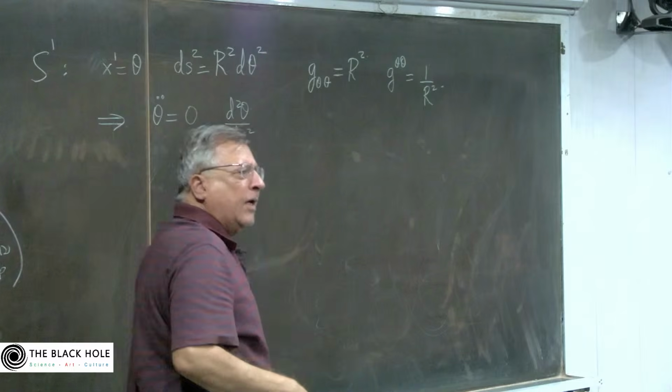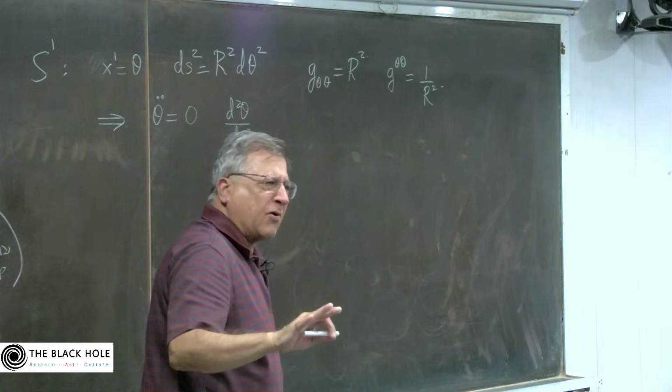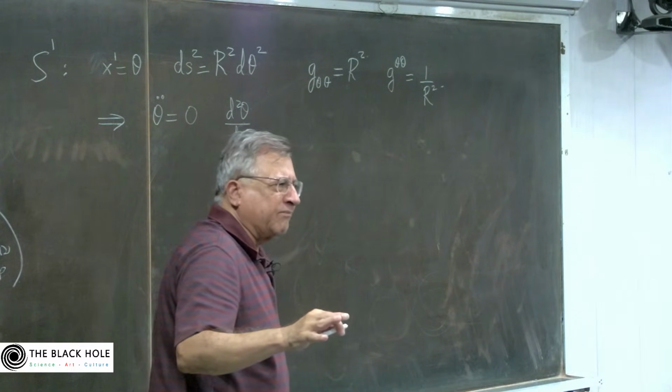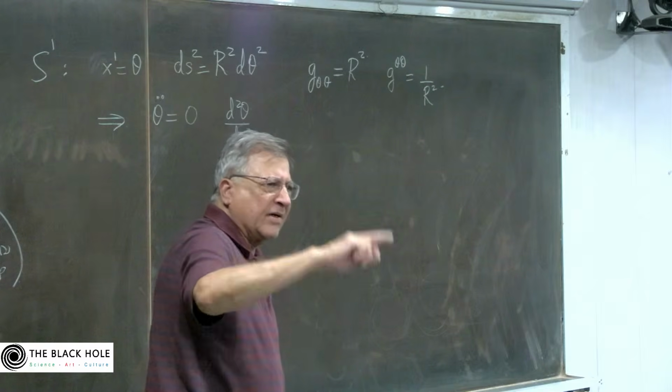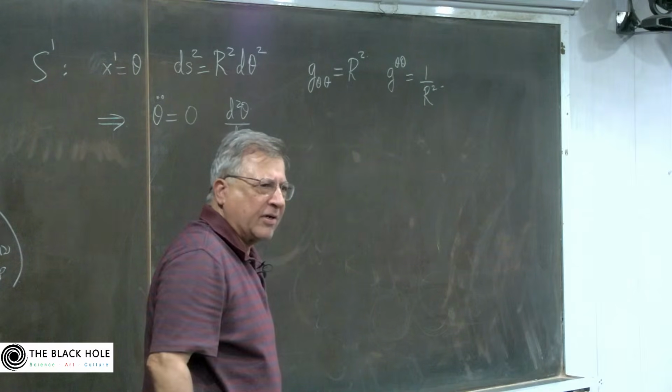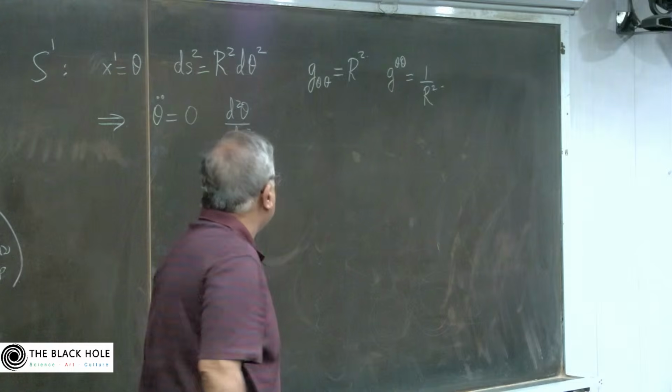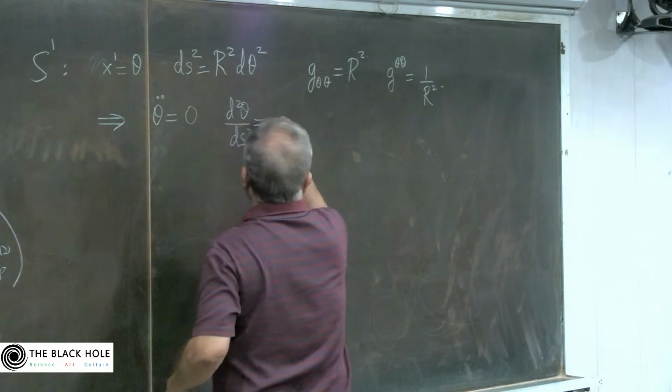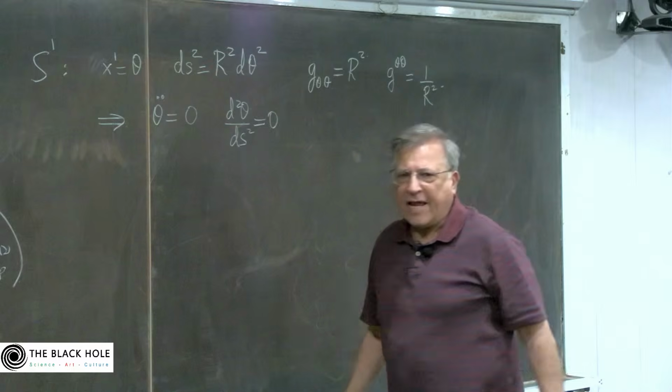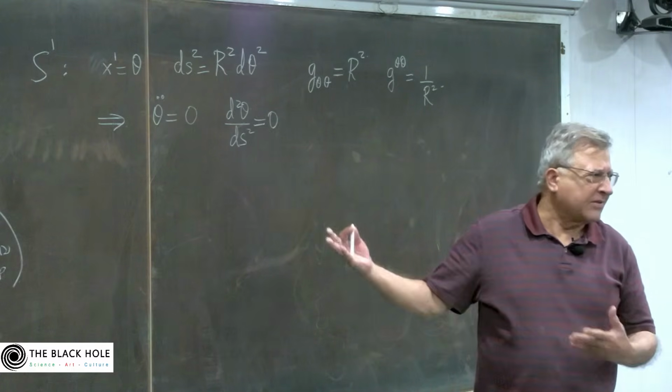Let's be now firm about it. We'll always take this to be the length along the curve, so the arc length. This thing is equal to 0, and any child knows how to solve this.